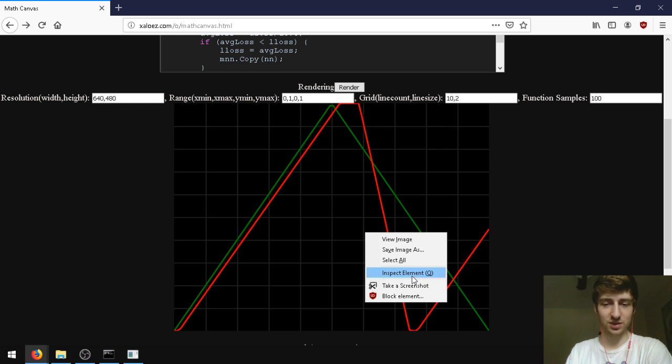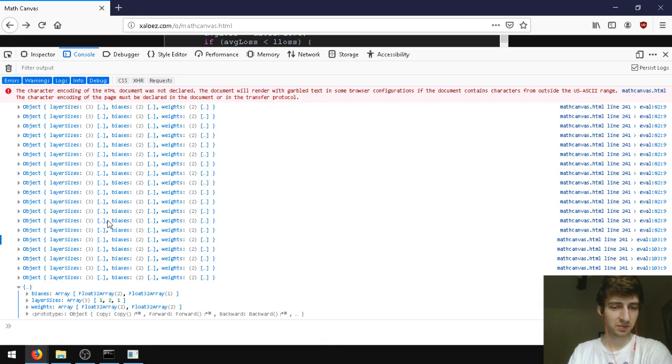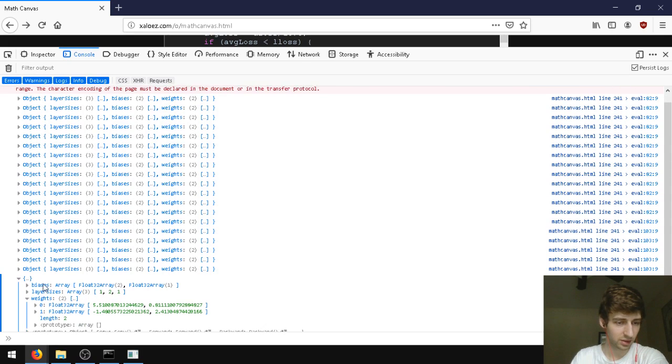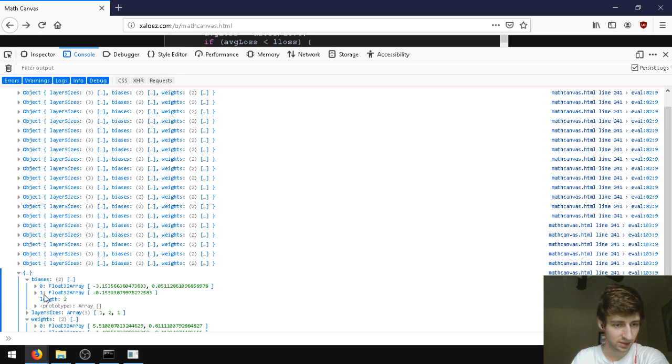I'm wondering if there's some sort of bug with this, because that looks ridiculous. Let me look at these weights. Oh yeah, so it's kind of learning it.